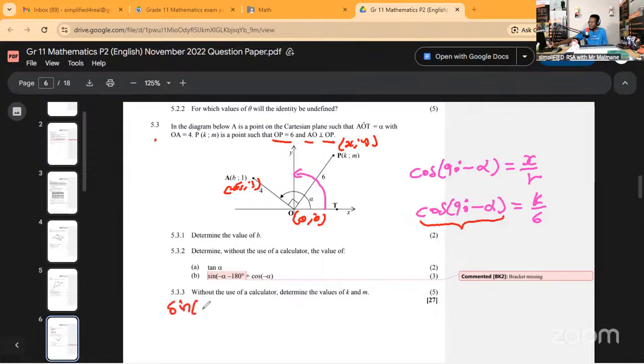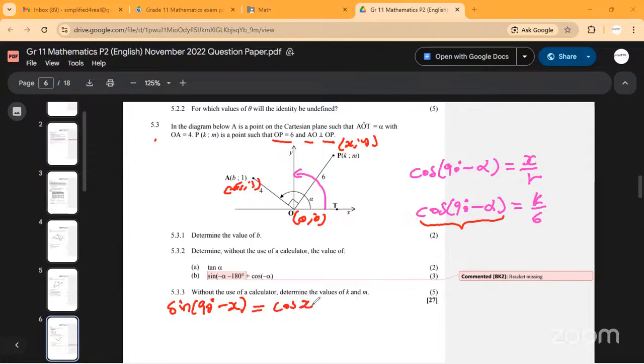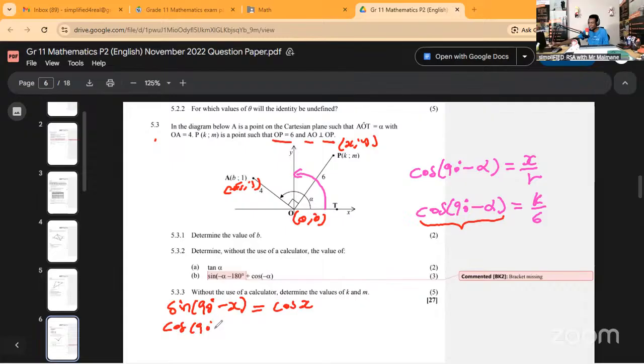If, for instance, you have sine of 90 degrees minus x, as long as it involves 90, sine must change and becomes cos. If you have cos of 90 degrees minus x, since it's the first quadrant, they are both positive anyway, so this is going to change and become sine x.